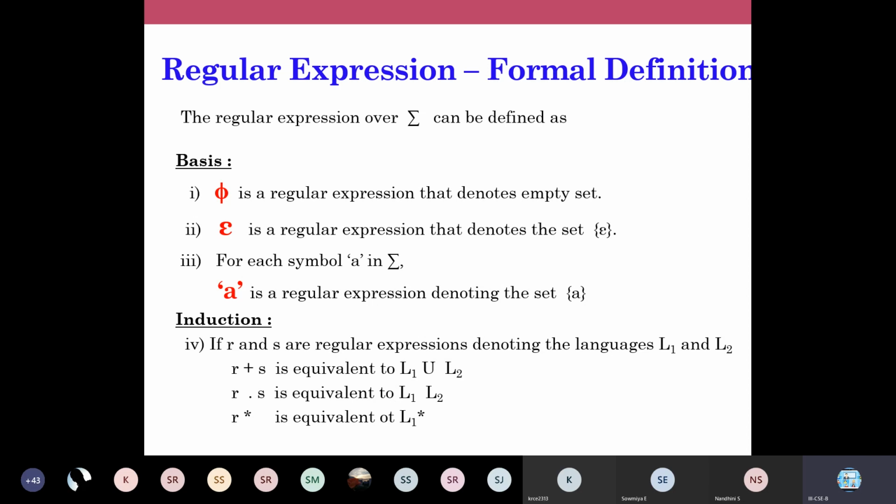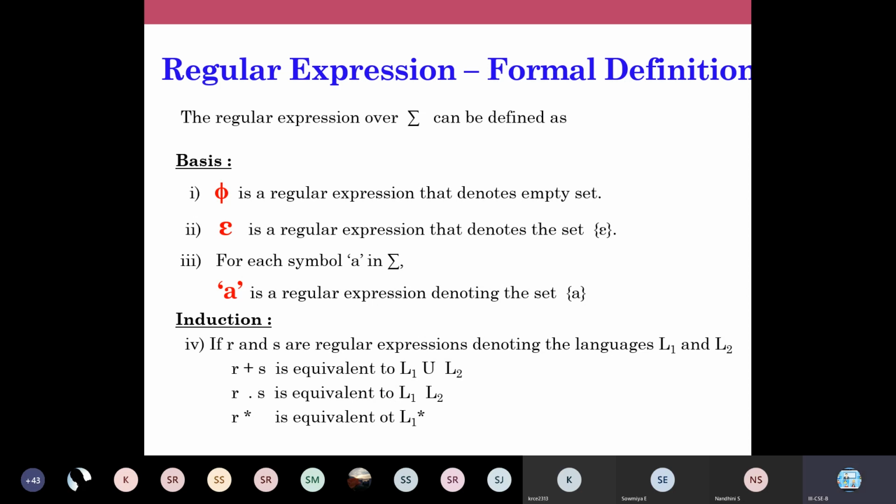For that new language, we can write the regular expression as R plus S.